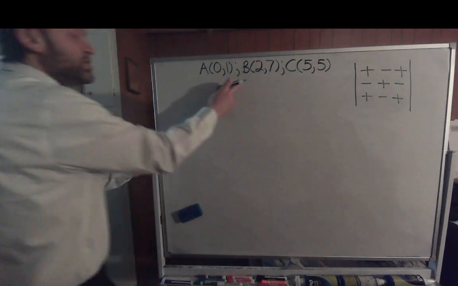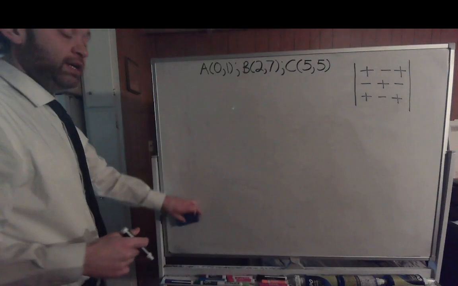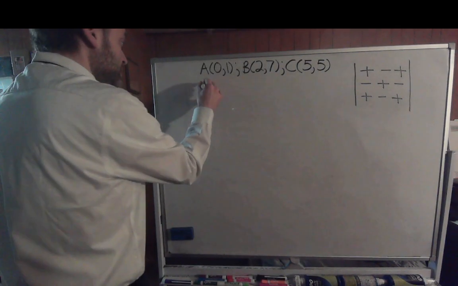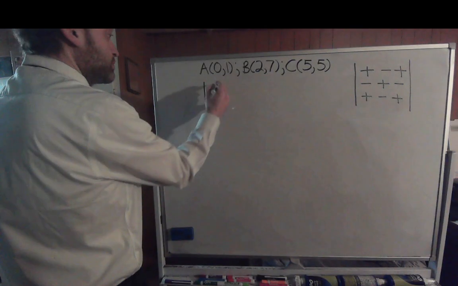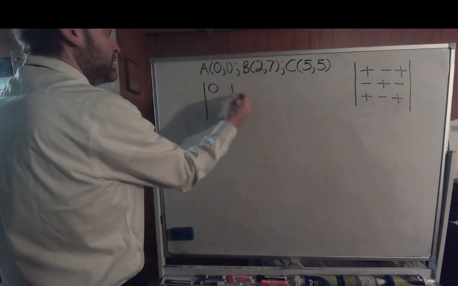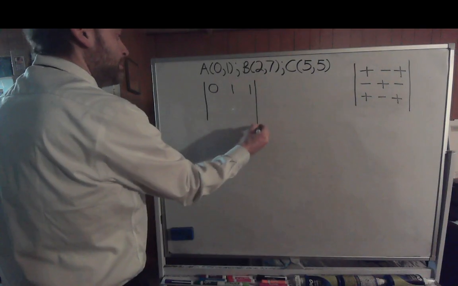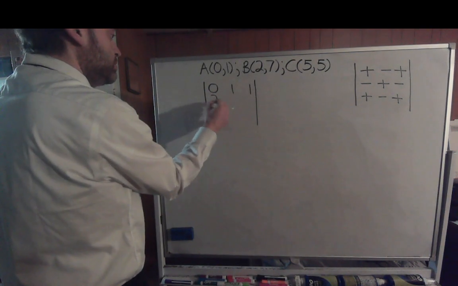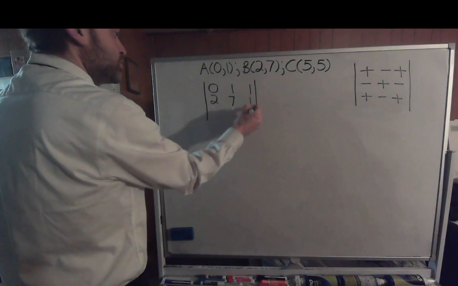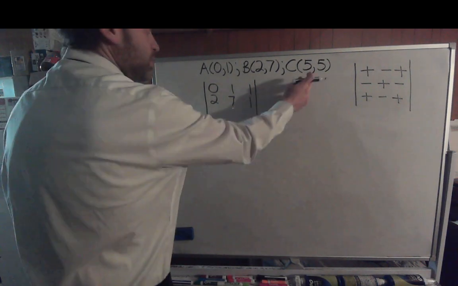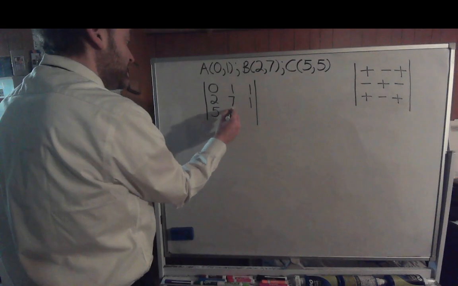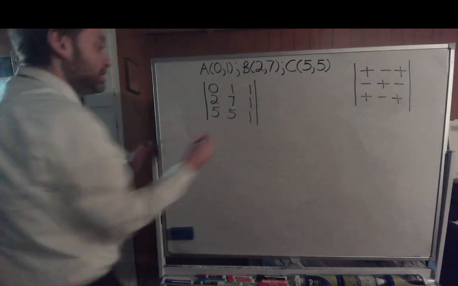So we need to determine, are these 3 points collinear or not? Well, let's set up the determinant. So first row, you'll take your 0, your 1, then a default entry of 1. Second row, take your 2, your 7, then a default entry of 1. Your third row, take your 5, 5, and a default entry of 1.